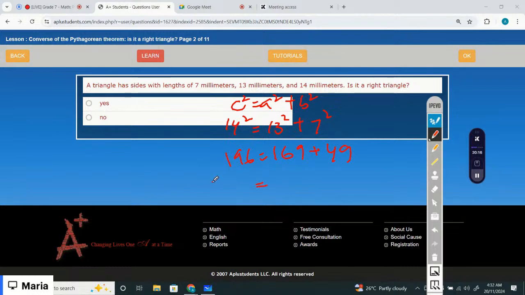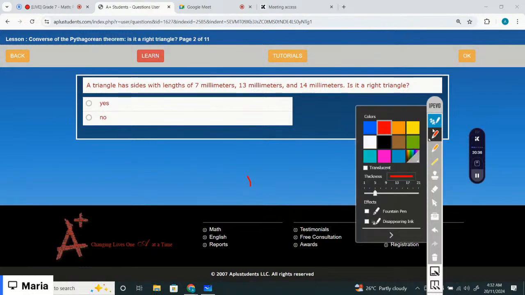So together they make 218. They are not equal. So that means that measurement does not make a right angle triangle. Got it? The correct option is no.